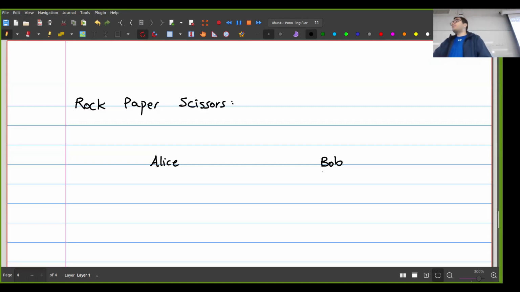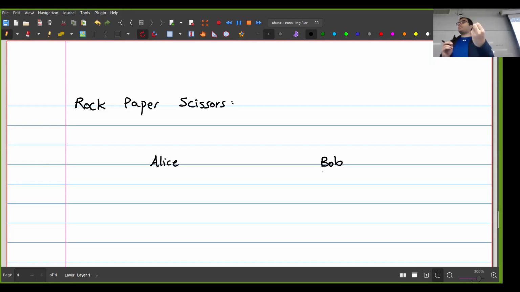Now, in the real world, the way we do this is by forcing them to move at the same time, right? But if I just have a group chat on, let's say, WhatsApp, I can't do that. Because even if I give them a very particular time, if I say you have to write rock or paper or scissors exactly at 12:50, it might be that Bob is cheating and he just has a script that waits for Alice to write the answer.